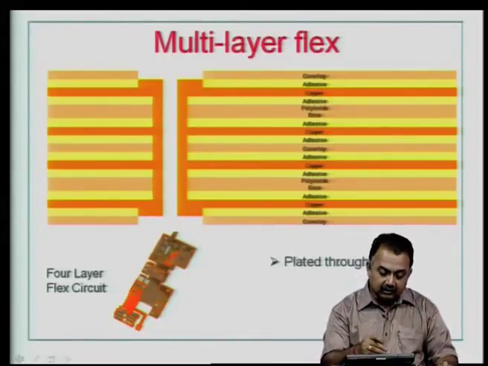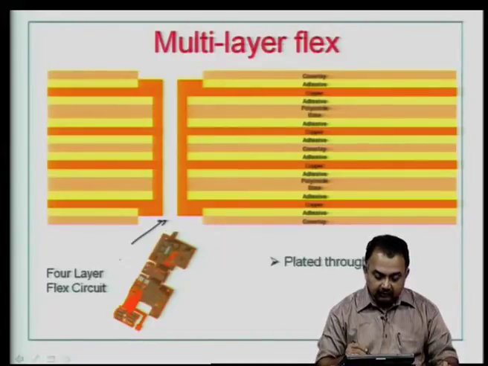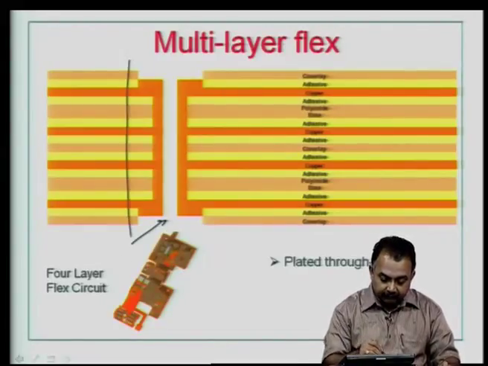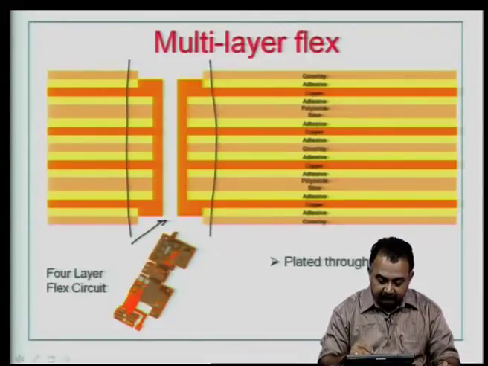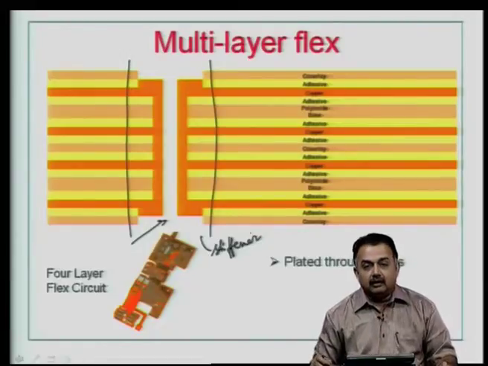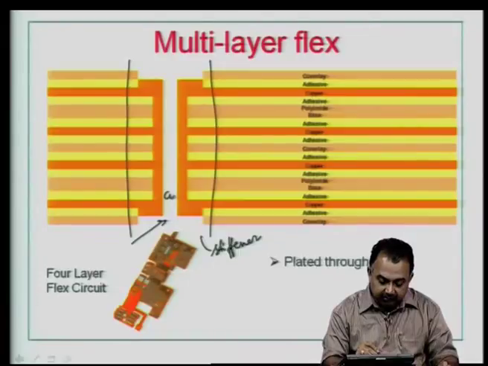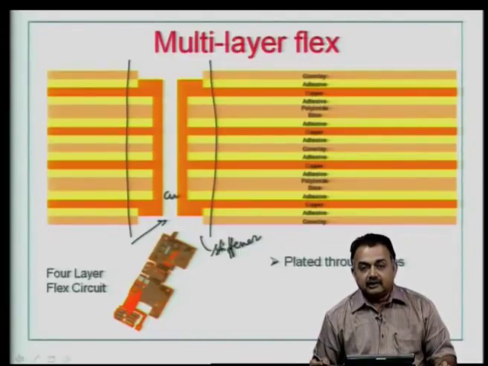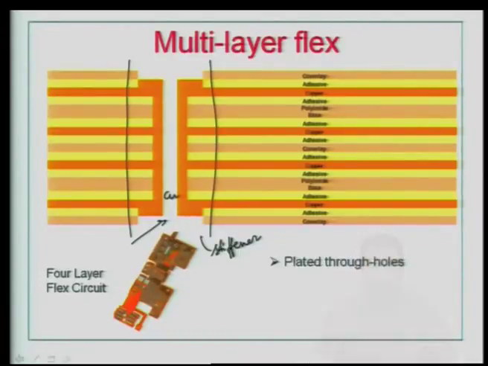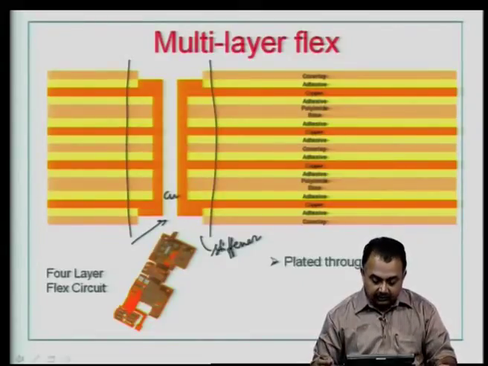You can drill a mechanical hole here like this, which means in this area you have to provide some kind of a stiffener, so that you can drill a mechanically drilled through hole. Then this can be plated with copper and necessary interconnections can be provided to the inner layers, or simply it can connect all the layers depending on the design. So, this is a modification in the flex circuit buildup.